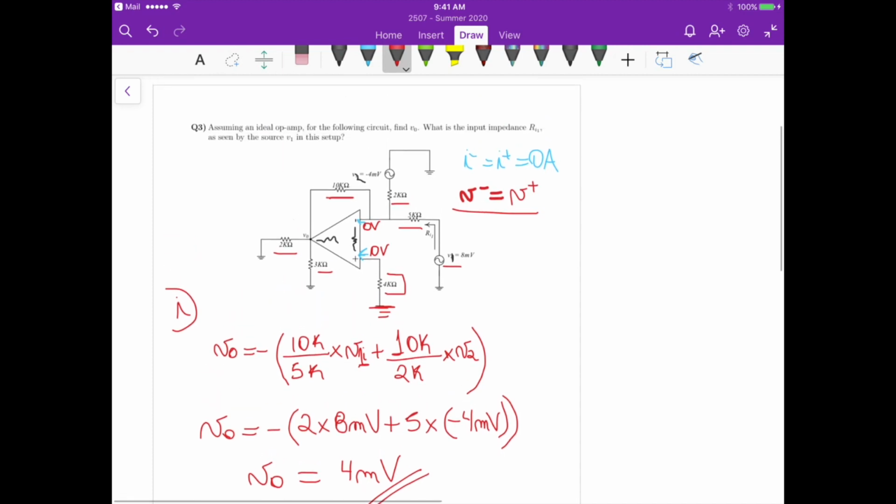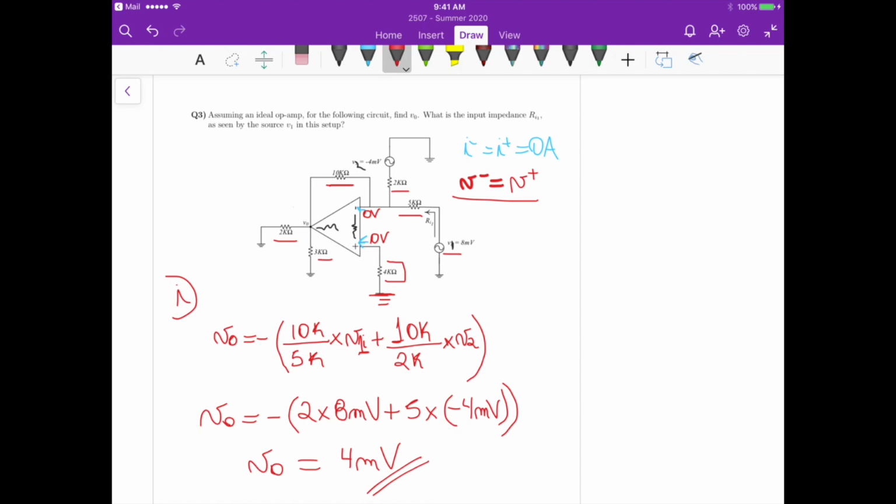The second part asks what the impedance seen by the source V1 is in this setup. Let me erase some of these nodes. Here it's still 2 and here it's still 1. It asks for this input resistance 1. The input resistance is the resistance seen from the voltage source.